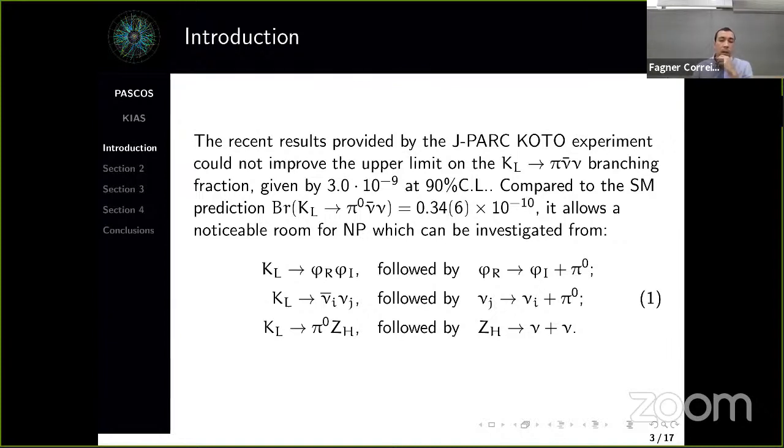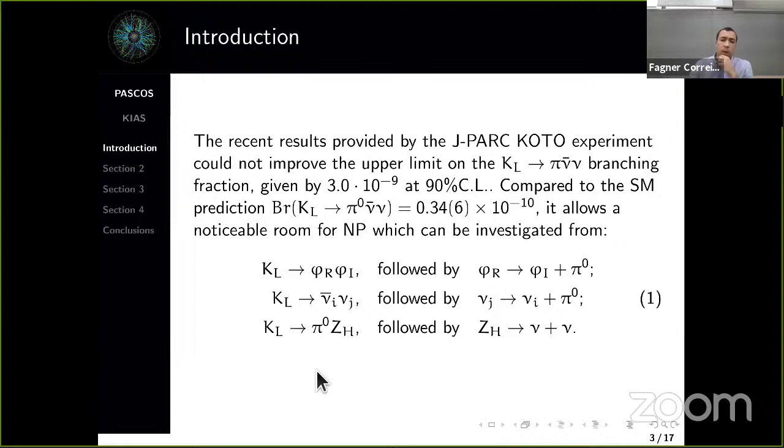from K-long decaying into inelastic scalars, which already has been the topic of some talks in the PASCOS, where the heavier component of the scalar further decays into the lighter component plus pi 0.